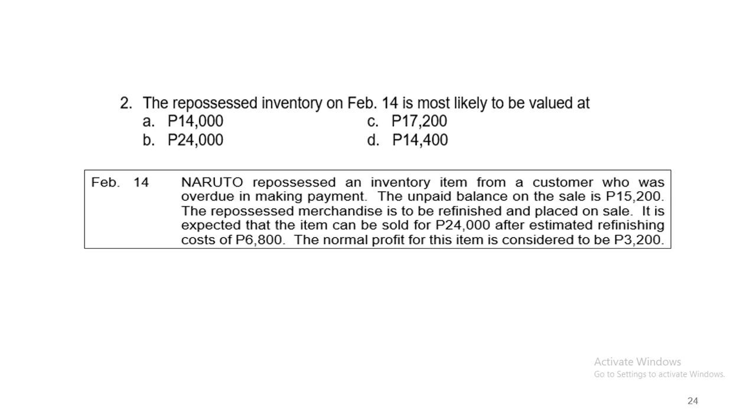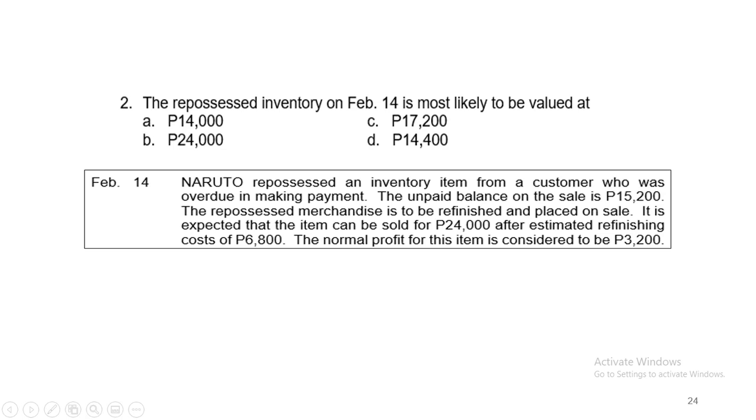It is expected that the item can be sold for 24,000 after estimated refinishing cost of 6,800. The normal profit for this item is considered to be 3,200. So, what is the repossessed inventory on February 14?